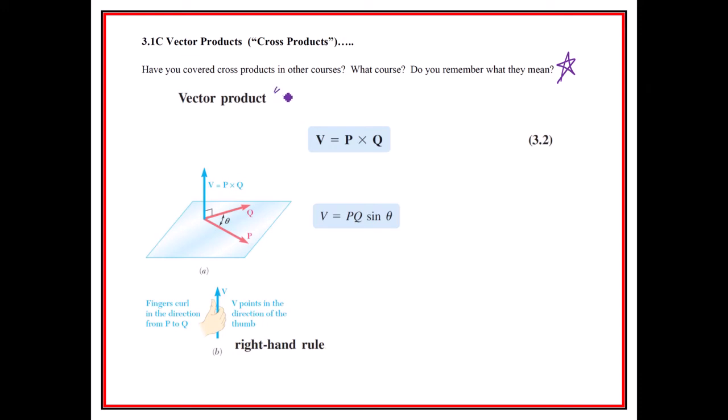So the vector product, which I will emphasize is another name for the cross product, is represented by this big X. It's not a times exactly. It's like an over-exaggerated X. And we take one vector and we cross it against another, and the order of these operations matters. We'll review that, but Q crossed with P does not equal P crossed with Q, right?